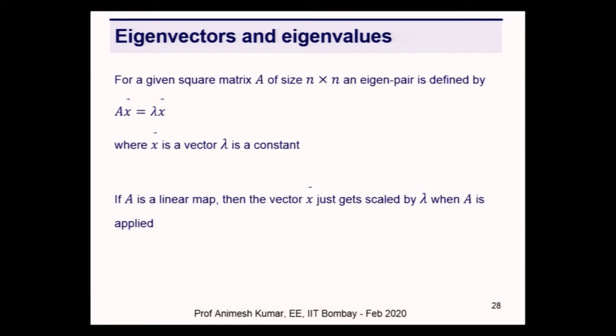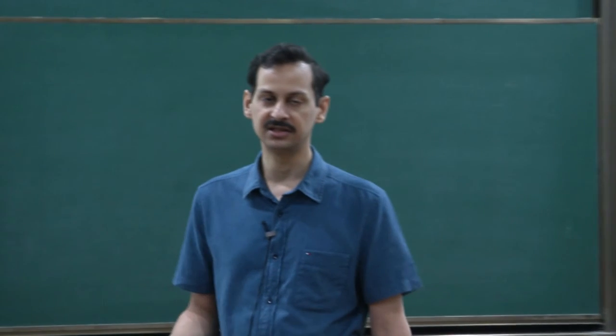So for a matrix A, x vector is an eigenvector if I apply A on x vector, then all it does is change the length of x vector. That's what an eigenpair or eigenvector means. Here lambda is the eigenvalue and x vector is the eigenvector. The other thing we require is that x vector should not be 0, because if x vector is 0, then this is trivially satisfied.